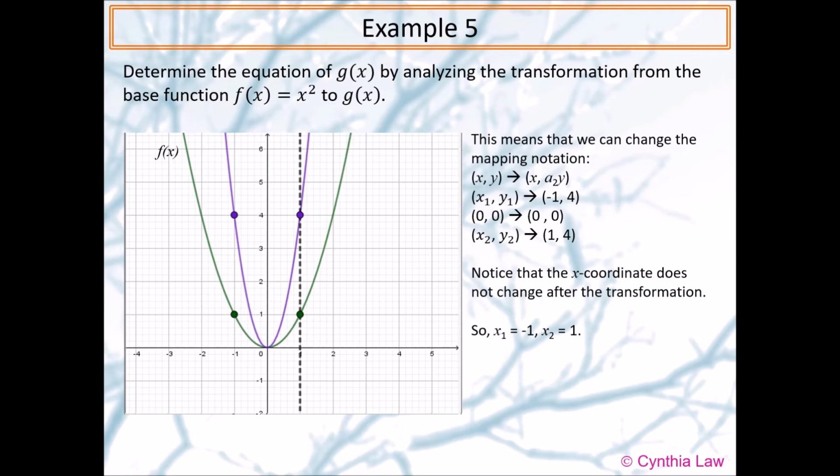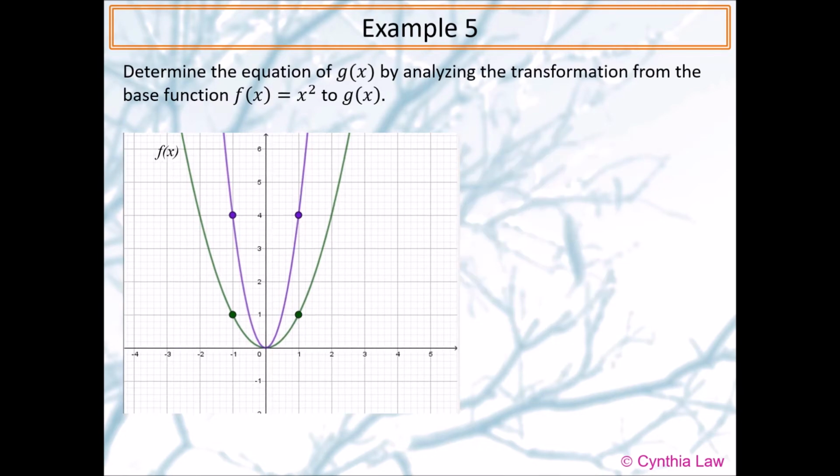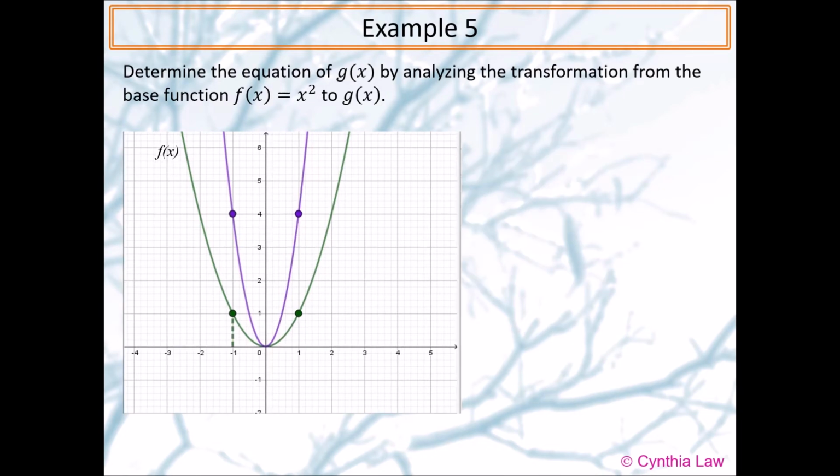So that's the point 1, 1 on f of x. Now why do I want to do that? So let's look at the distance from the points -1, 1 and 1, 1 to the x-axis. It is 1 unit long.